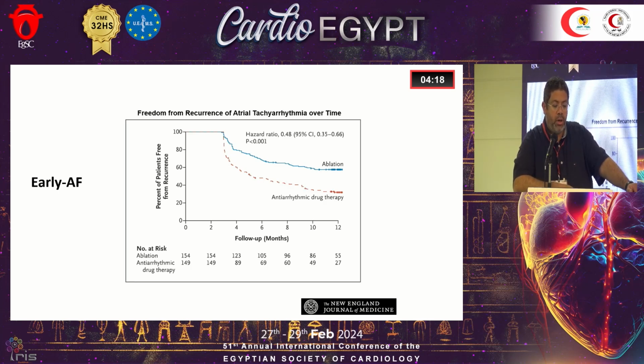What was unique about it is that it had very rigorous follow-up, because these patients had an implantable loop recorder. The hazard ratio was 0.48, so about a 52% relative risk reduction in the development of atrial arrhythmias with catheter ablation as compared to antiarrhythmic drugs.